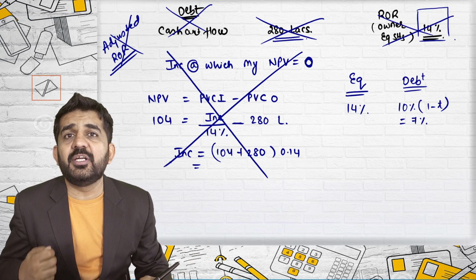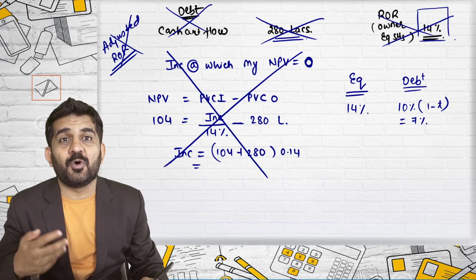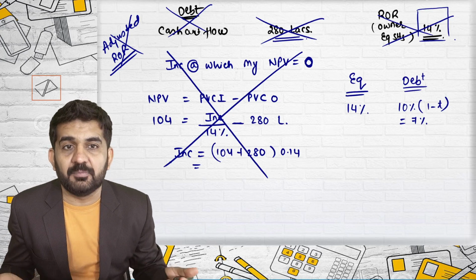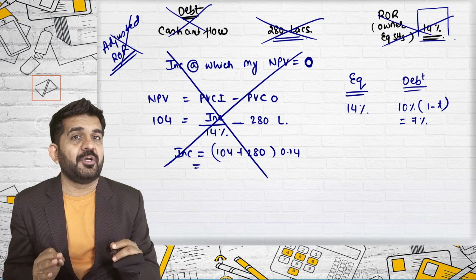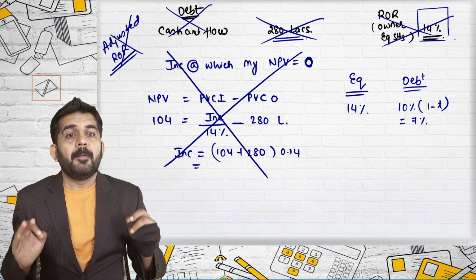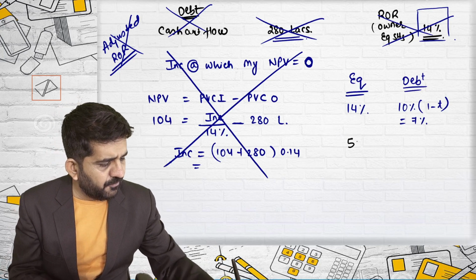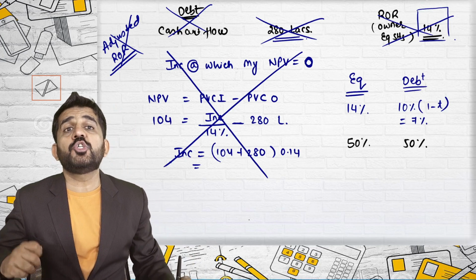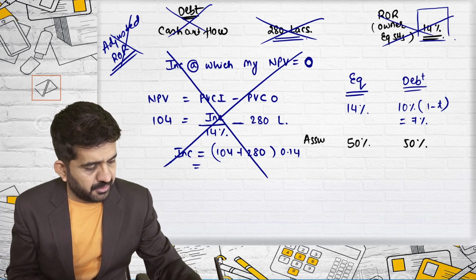So it depends whether in the next project you are going to go for equity. If it is equity, your required rate of return will remain 14%. If it is only debt, your required rate of return will be 7%. But if it is in the ratio of 50% equity, 50% debt, then what should be your adjusted rate of return? This is just an assumption.